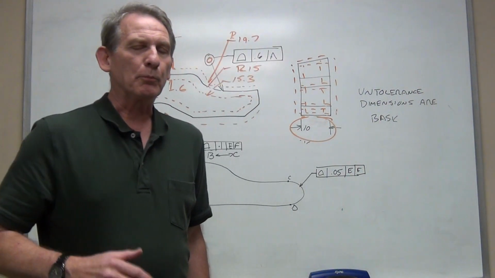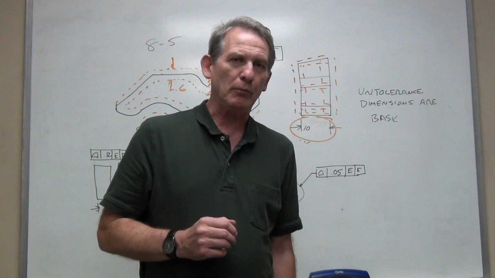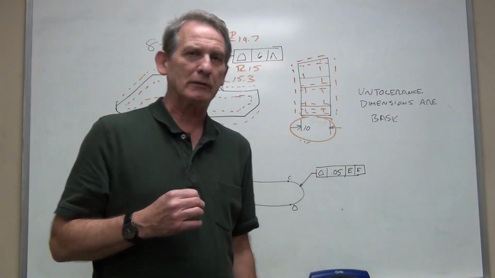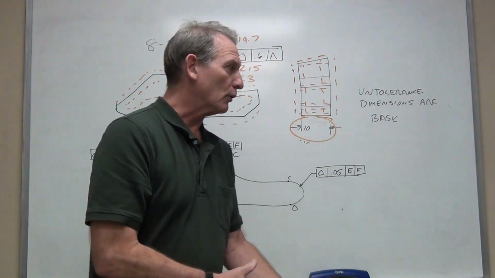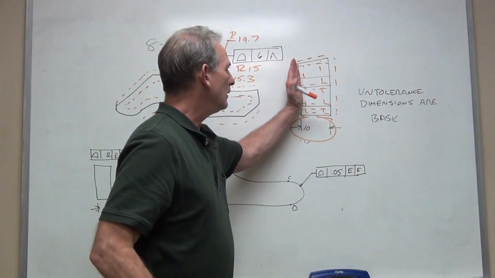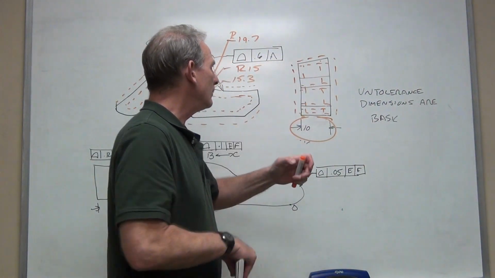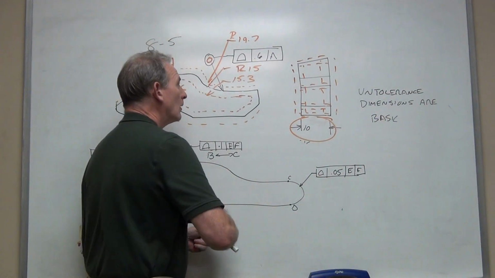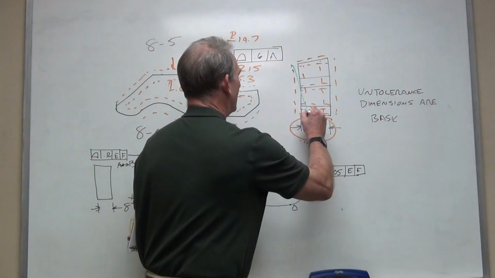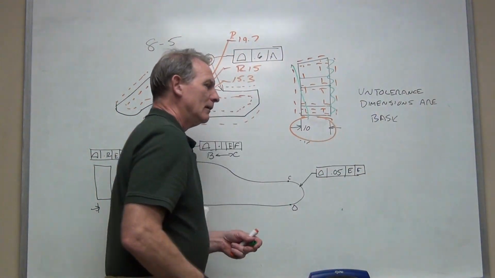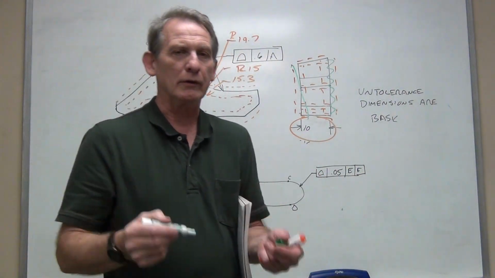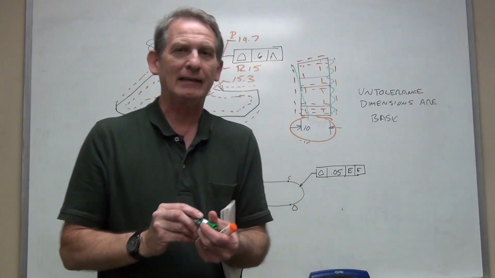So the profile tolerance zone, again, is capable of controlling all aspects of the geometry. It can control the size, it can control the orientation of this surface, so that surface can be tipped that way, or tipped this way, or the surface can look like this. So it controls the form, the orientation, the sizing, everything.